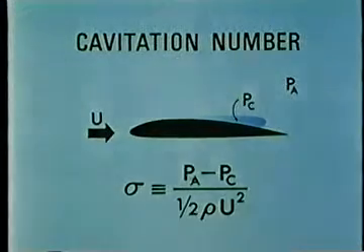The cavitation number at which inception of cavitation takes place is called the critical cavitation number. Above the critical cavitation number, no cavitation occurs. Below the critical, it does occur.